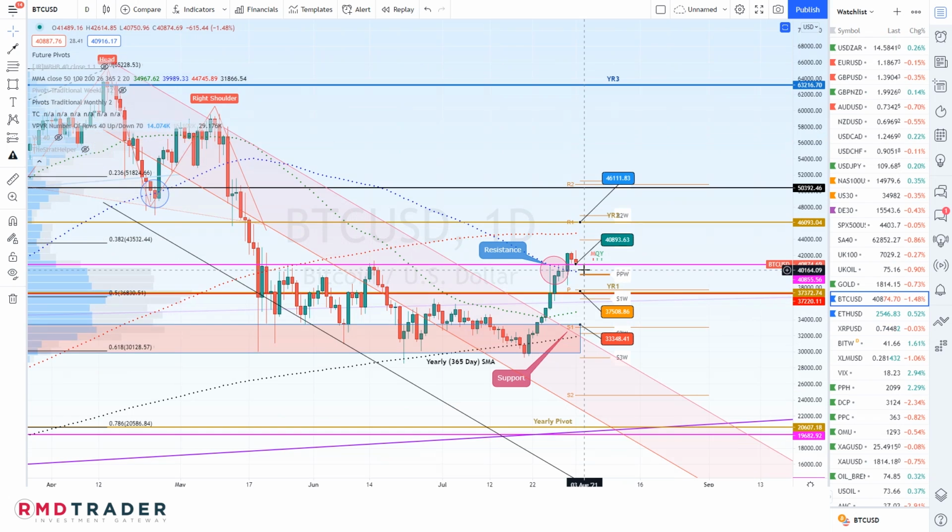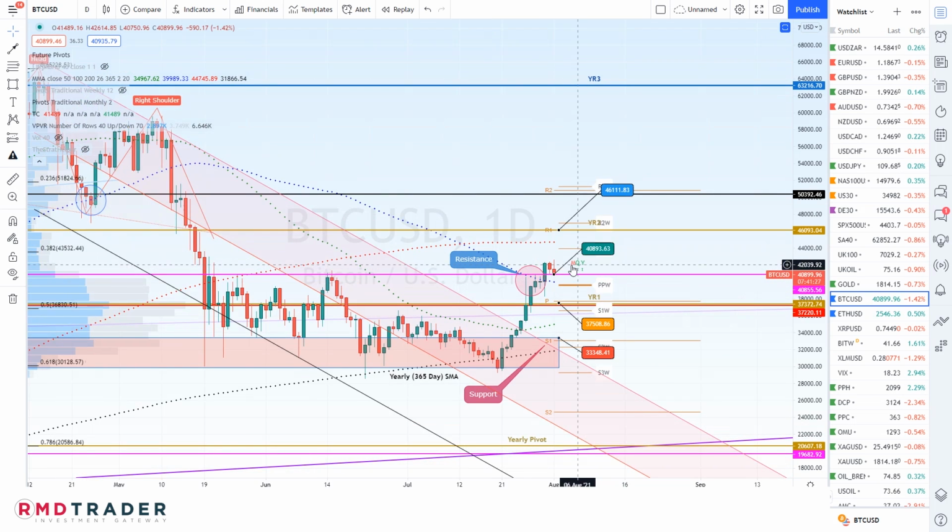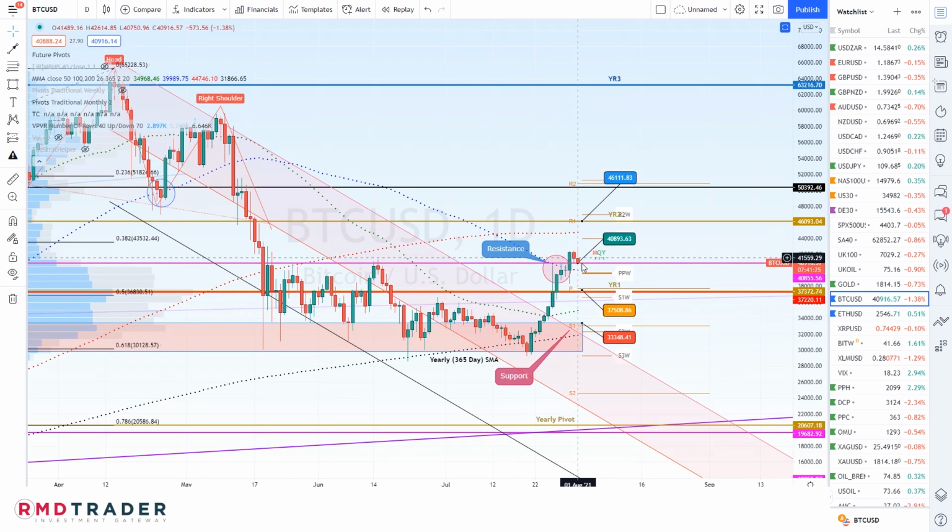So currently we can see that we have broken above the daily 100 moving average, but we do have the last 2 days 2 red candles, meaning there is some resistance, meaning if we do break back below that weekly pivot and daily 100 moving average at 39,770, that would be a very important level.